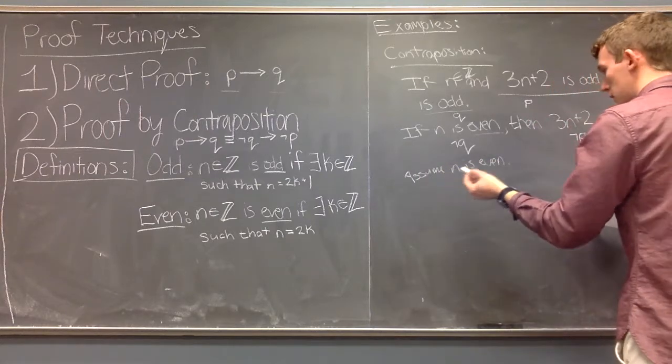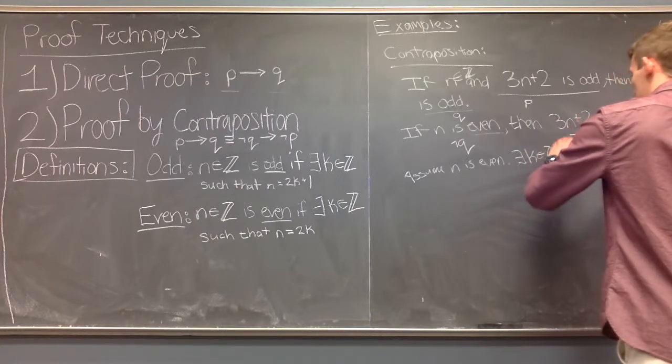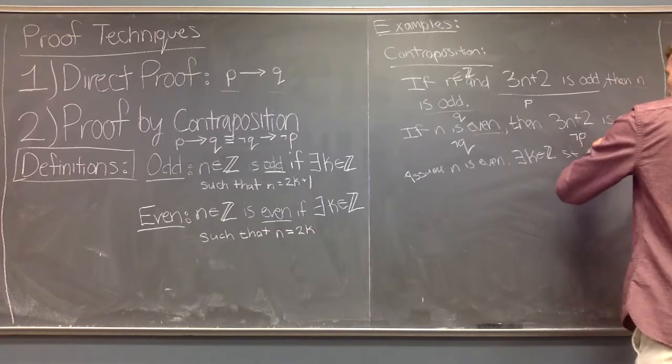Well, from our definition, we know that this means there exists some k that's an integer such that n equals 2k.